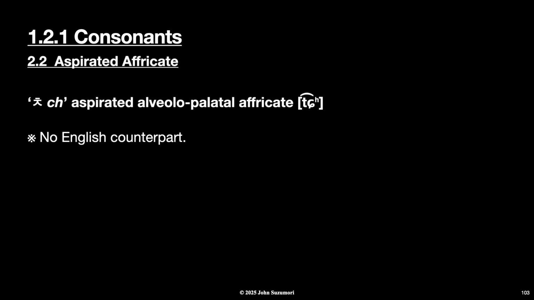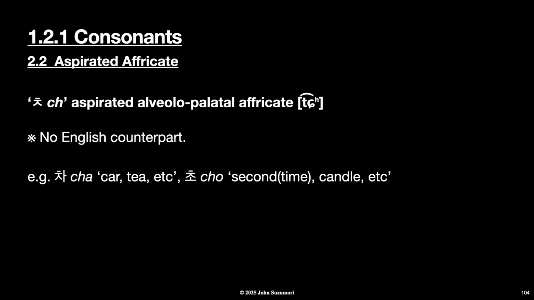Note that English lacks the aspirated alveolo-palatal affricate. For example, you can find chieut in Korean words like 차, meaning car, tea, etc., and 초, meaning candle or second as to time, and so on.